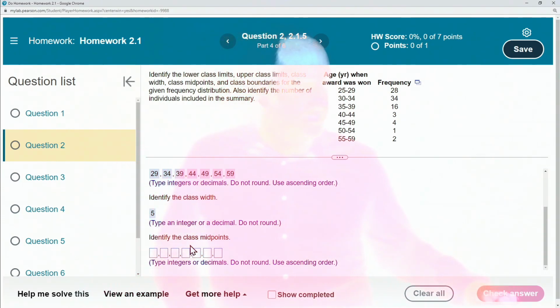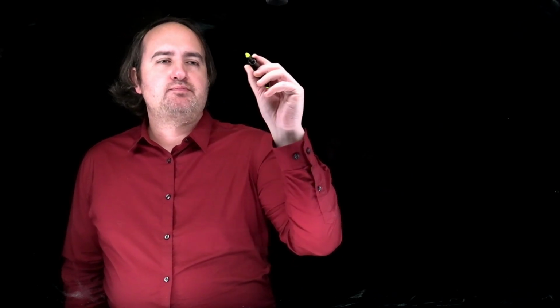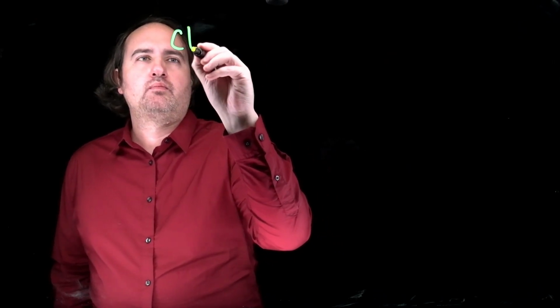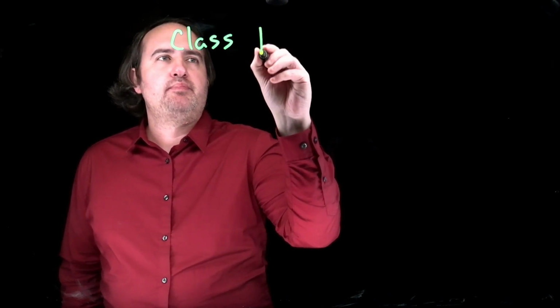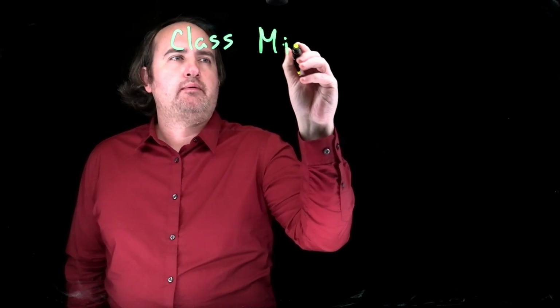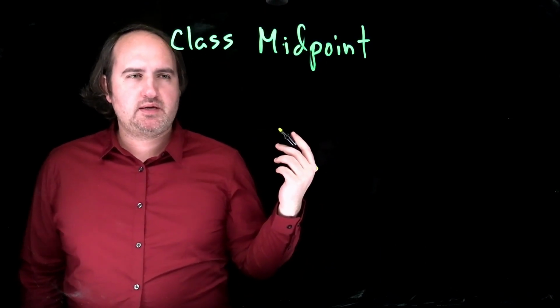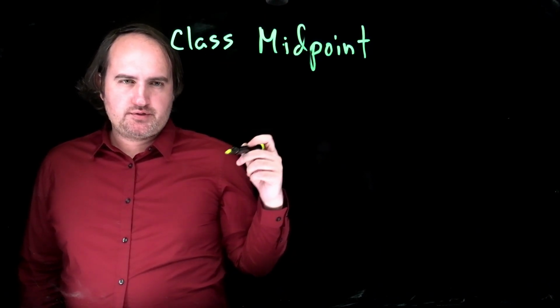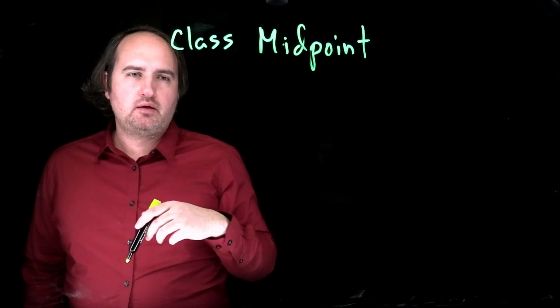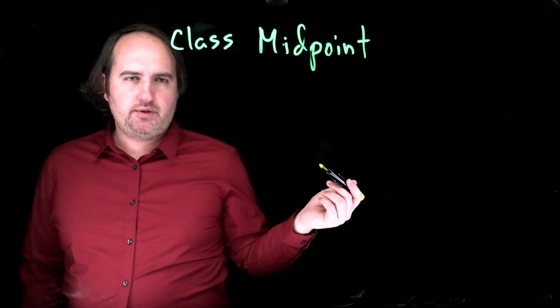So right now, I'm going to give you the real formula for class midpoint. The formula for class midpoint is it's just going to be the average of the lower class limit and the upper class limit.